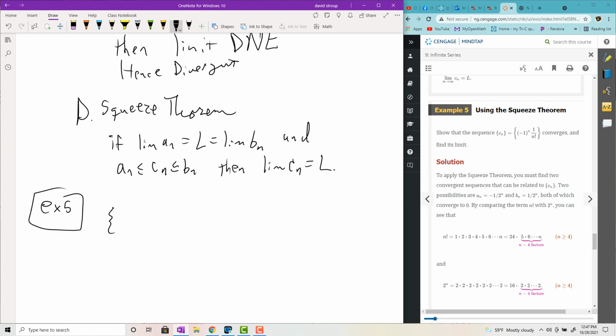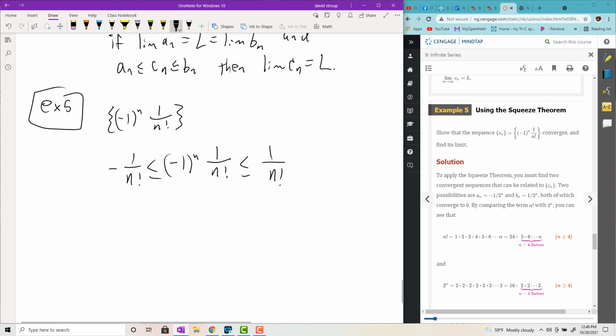The sequence is -1 to the n times 1 over n factorial. If you look at this thing, the terms are either going to be positive or negative. And so in the long run, what does that mean? It means basically -1 to the n times 1 over n factorial is always going to be stuck in between 1 over n factorial on the top or -1 over n factorial on the bottom.